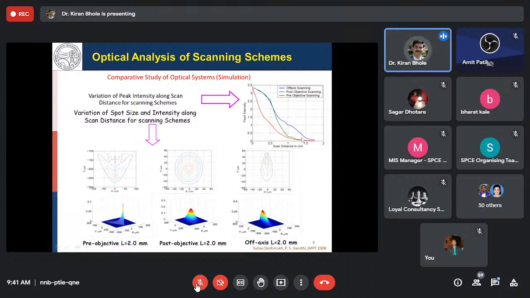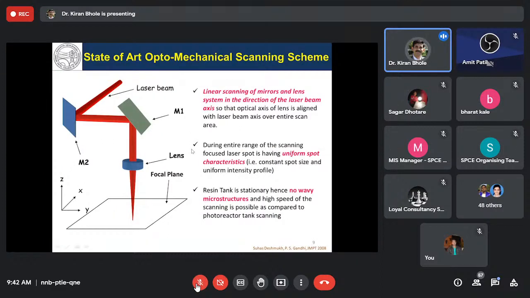As intensity diminishes very fast, the energy exposure may not be proper, and the focus spot is also very big. Because of all that, we may not get the structure of whatever resolution we want in 3D printing. Okay, so this is what we have realized from the simulation.